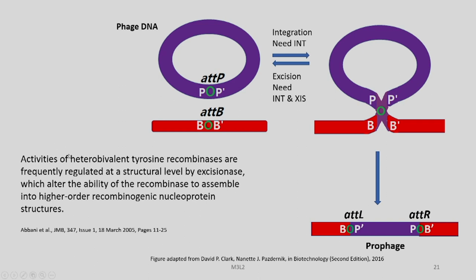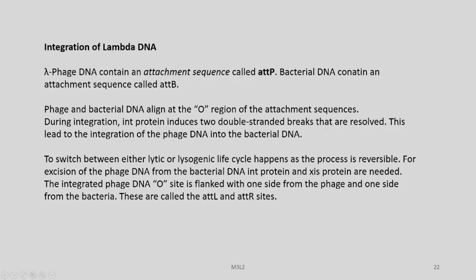The activities of heterobifunctional tyrosine recombinases are frequently regulated at a structural level by excisionase, which alters the ability of the recombinase to assemble into higher order recombinogenic nucleoprotein structures. Integration of the lambda DNA.